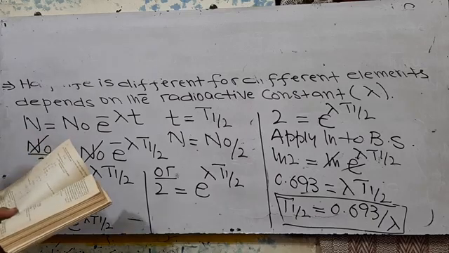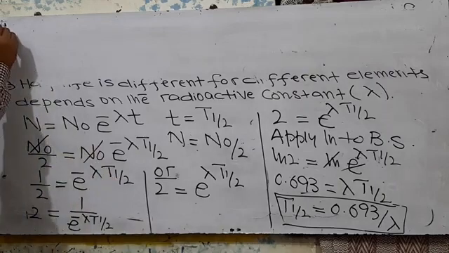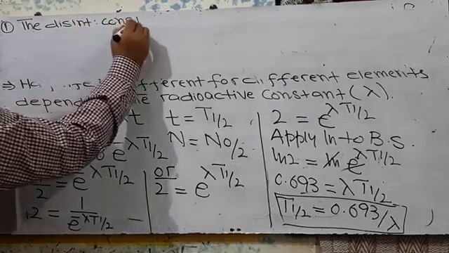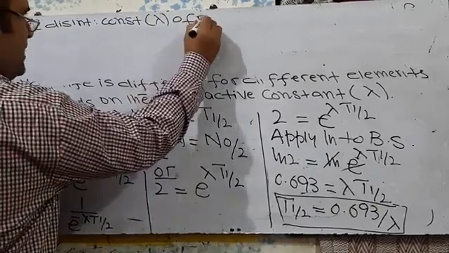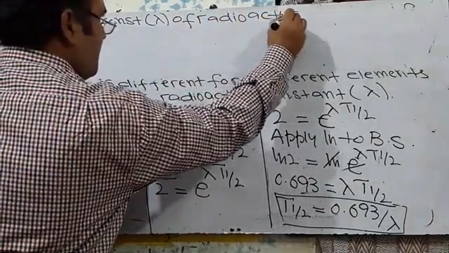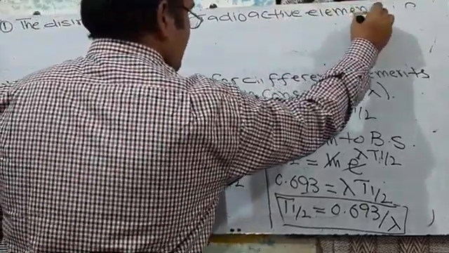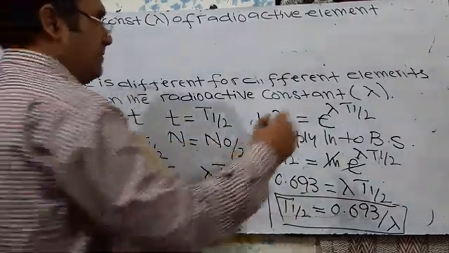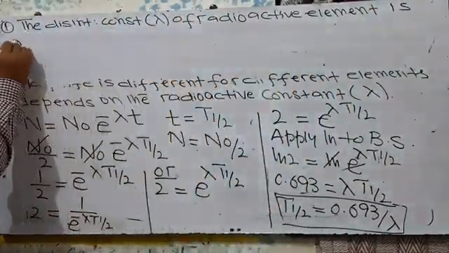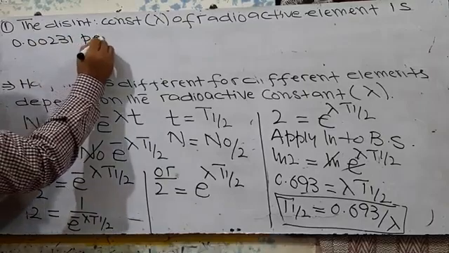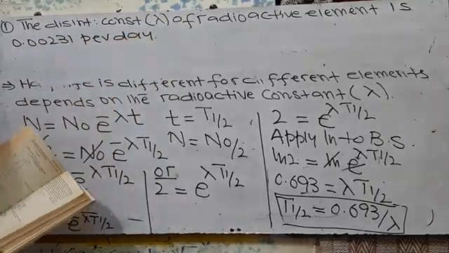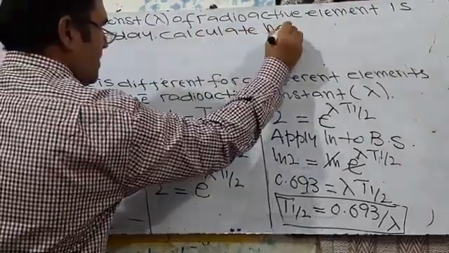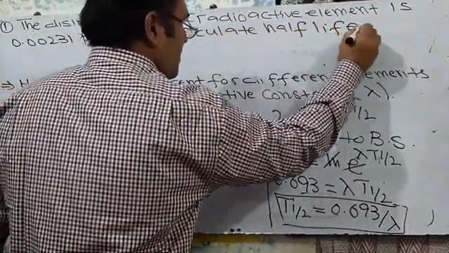Numerical number 1: the disintegration constant, lambda, of a radioactive element is 0.00231 per day. Calculate the half-life.